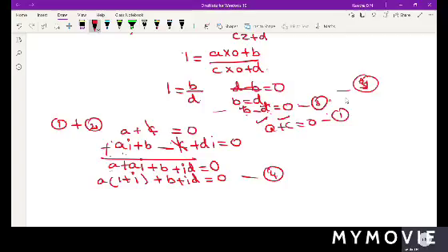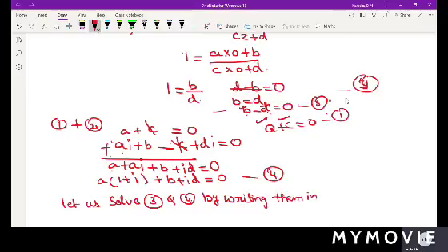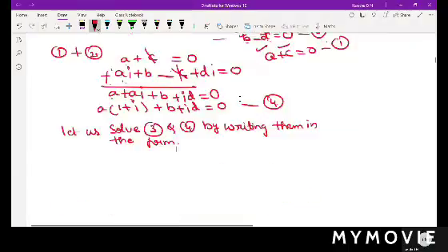Then let us solve equation 3 and equation 4 by writing them in the form of the cross multiplication rule.